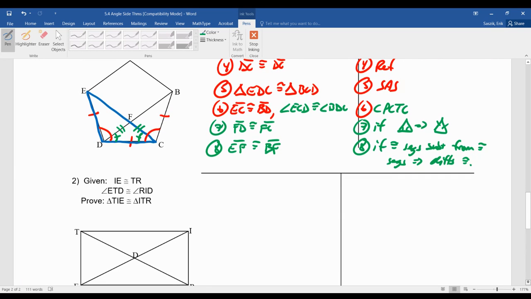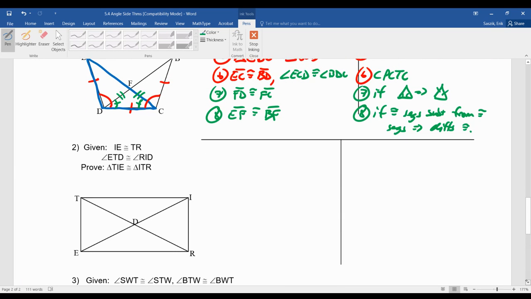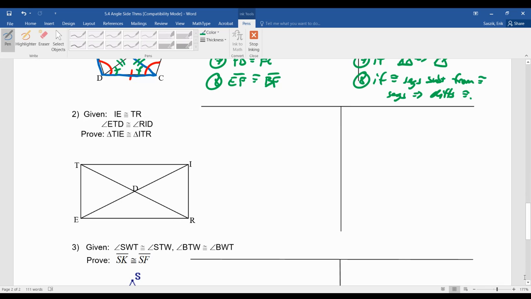This problem here, I think this problem is messed up. Let's take a quick look at it. So this whole thing is congruent to this whole thing. And ETD, this angle is congruent to RID. But I think we're missing some information here.